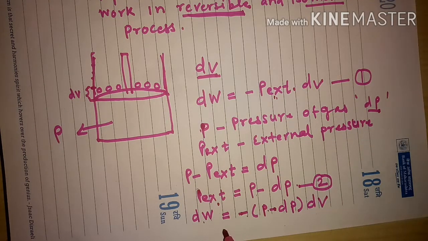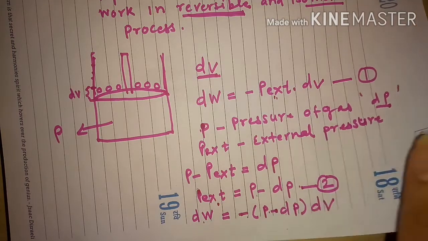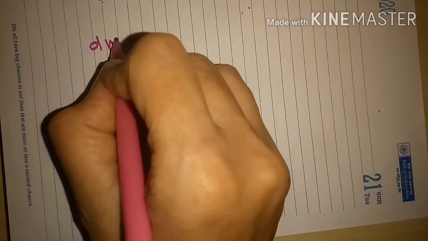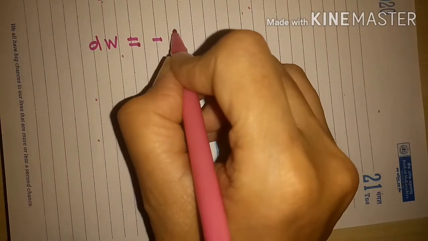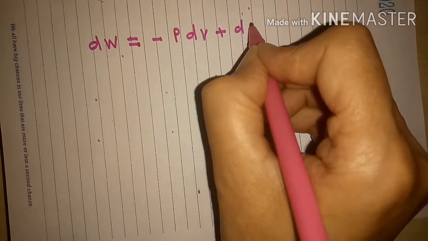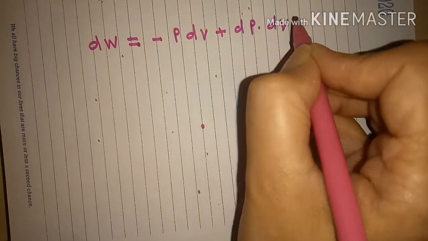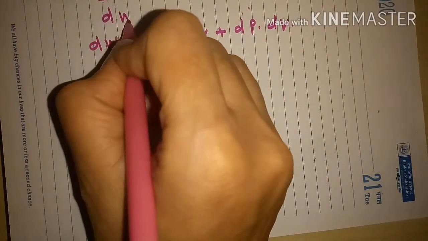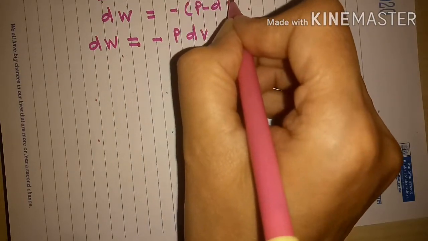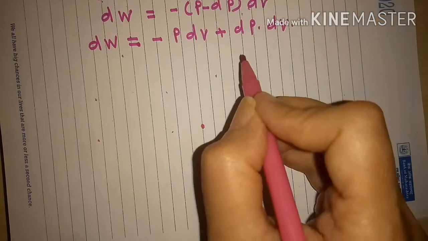Now if you further simplify this, you will get dW is equal to minus P dV plus dP into dV. I'll write the equation again: dW is equal to minus P minus dP into dV.